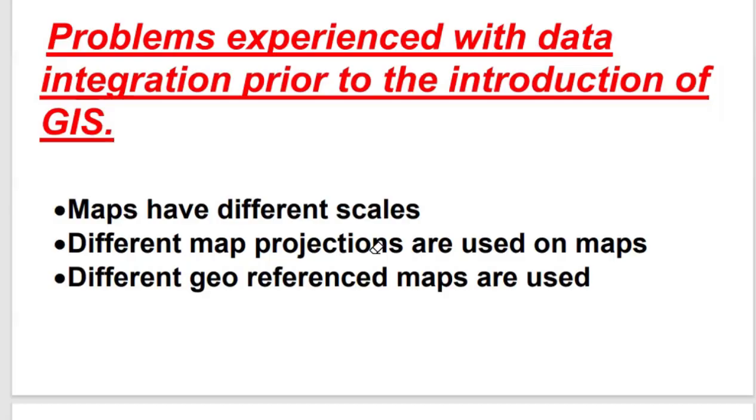And also different map projections are used on maps, right? Map projections are also used differently, which means if a map is drawn according to a specific projection, it is very difficult to merge it with another map which used a different projection format. When I talk of map projections, I think we are looking at how to standardize the maps. Like what we see when we are having our maps, they have got grids, those blocks that we have.